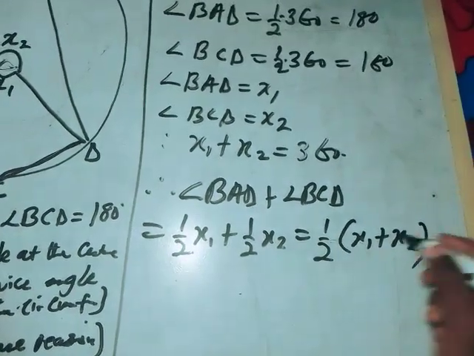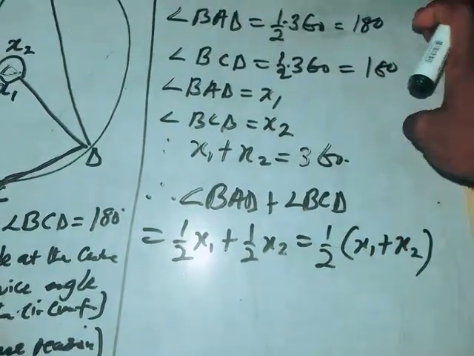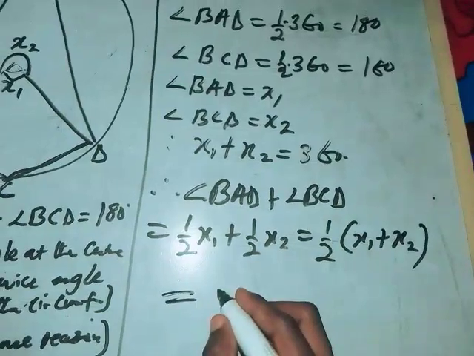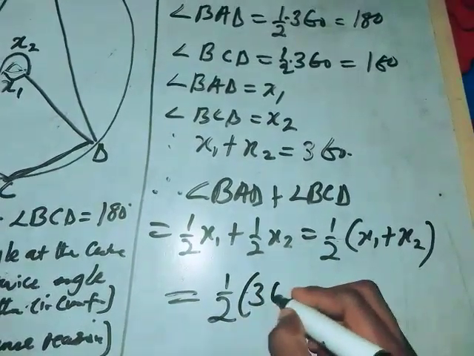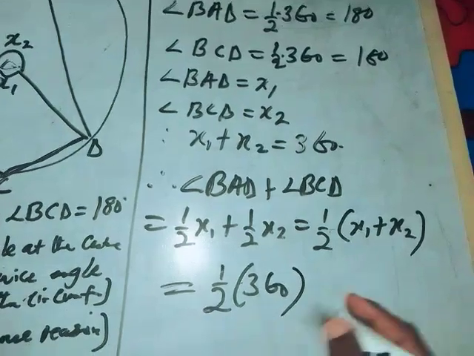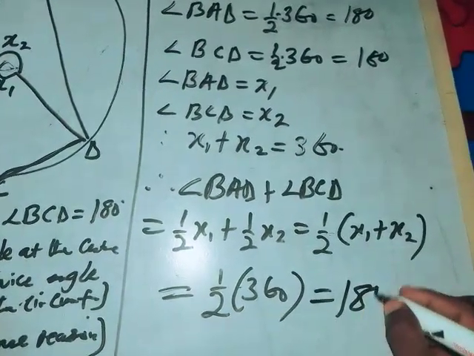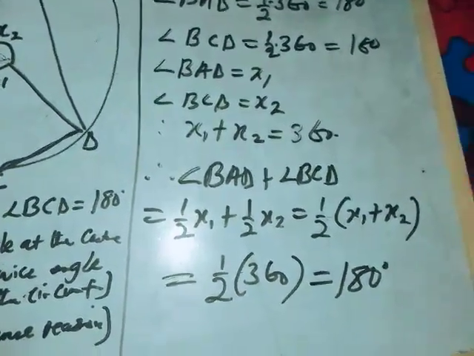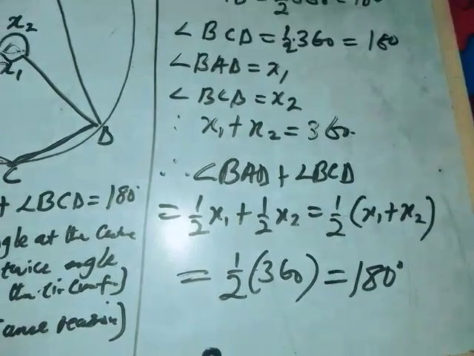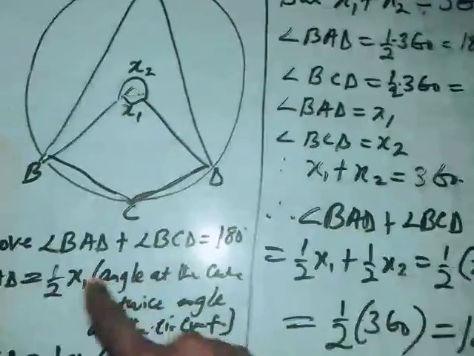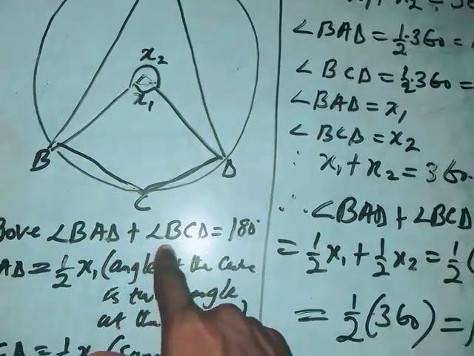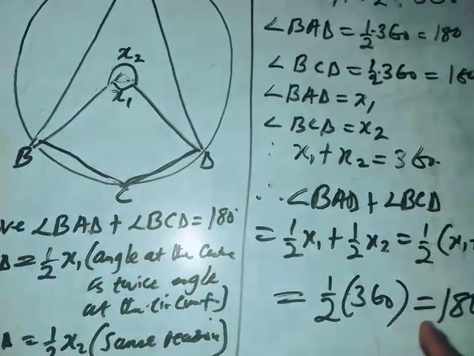And from here we can say that this is equal to 1/2 of 360, and 1/2 of 360 is equal to 180 degrees. That is the proof we have to look for, and we have successfully proved that angle BAD plus angle BCD is equal to 180 degrees.